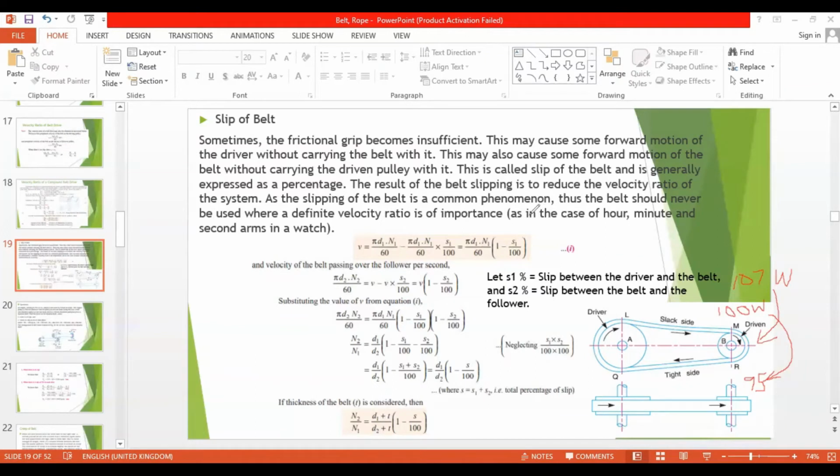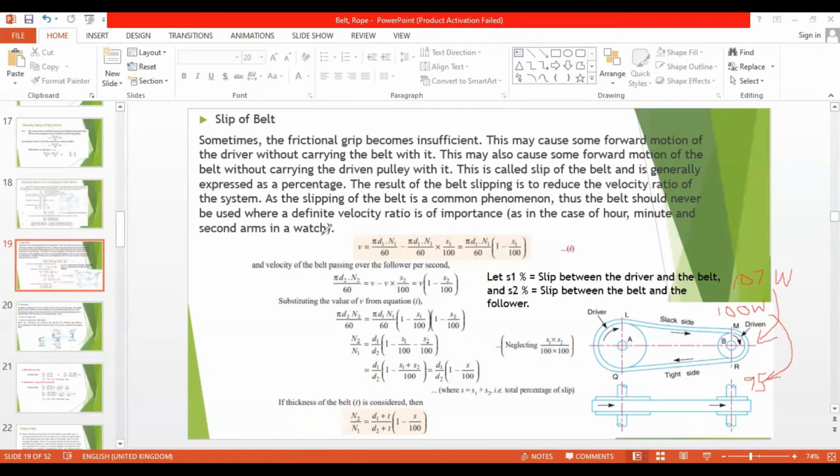An example is the minute and second arms of a watch. In a watch, these arms are connected with gear-type toothed wheels. If any slip occurred, there would be some delay in the motion of each arm, which may change the time. For example, if the second arm is not moving for 2 seconds in a minute, it's moving only for 58 seconds, so 2 seconds are lost each minute.